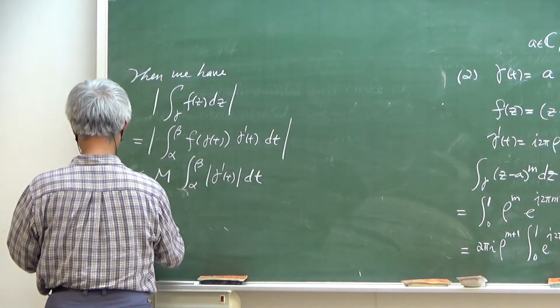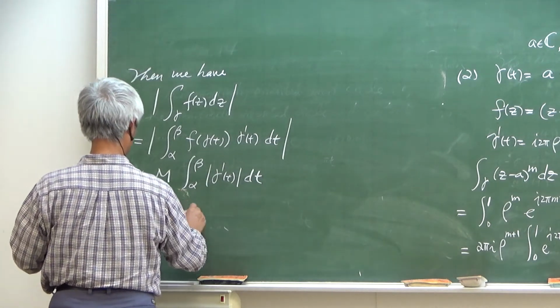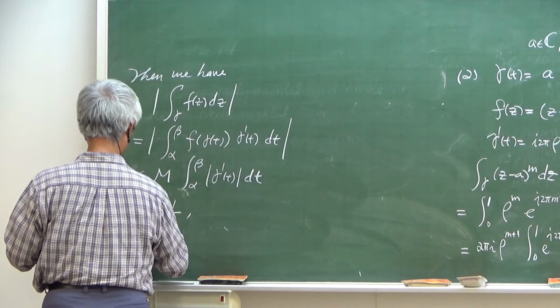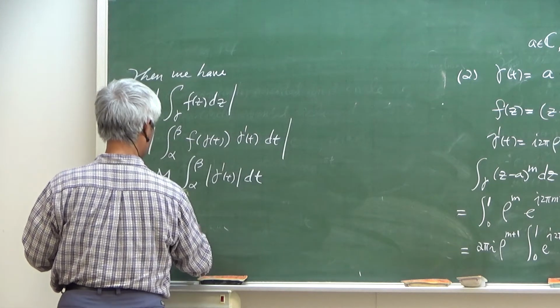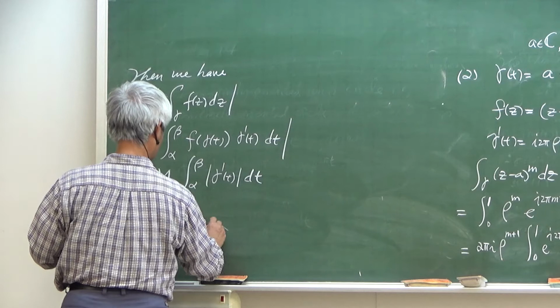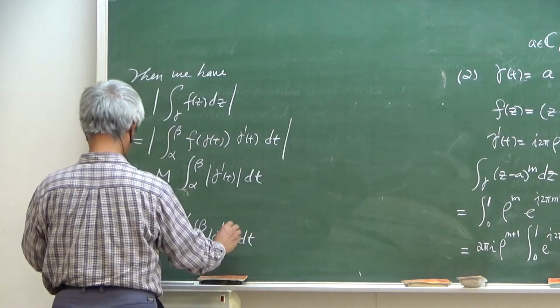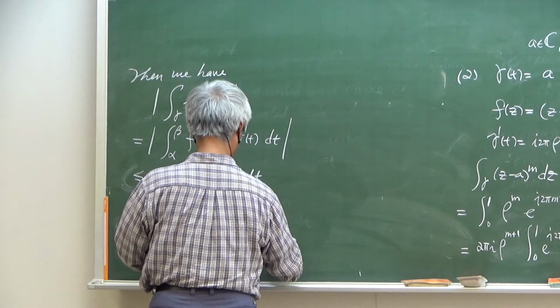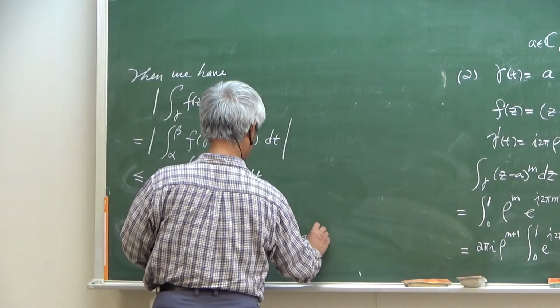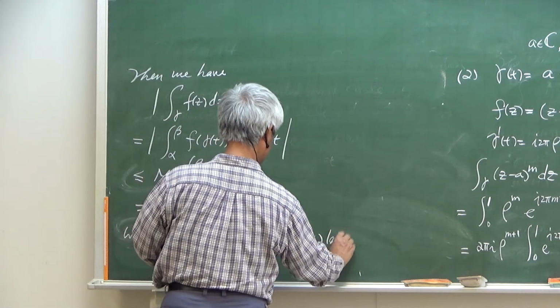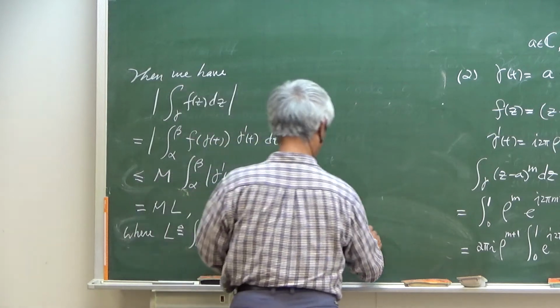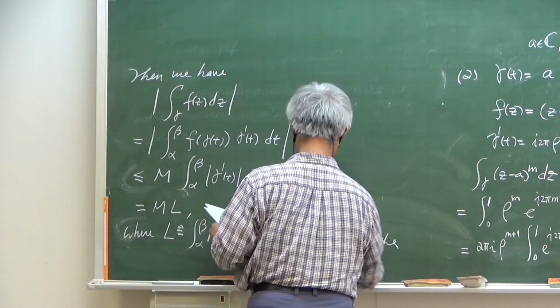So this is equal to M times L, where L is the arc length of the path.